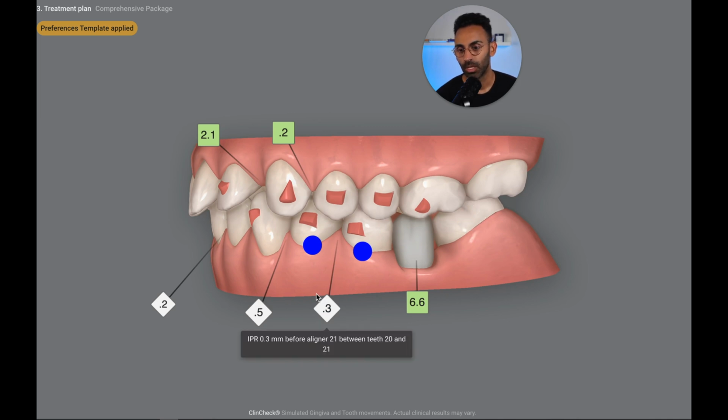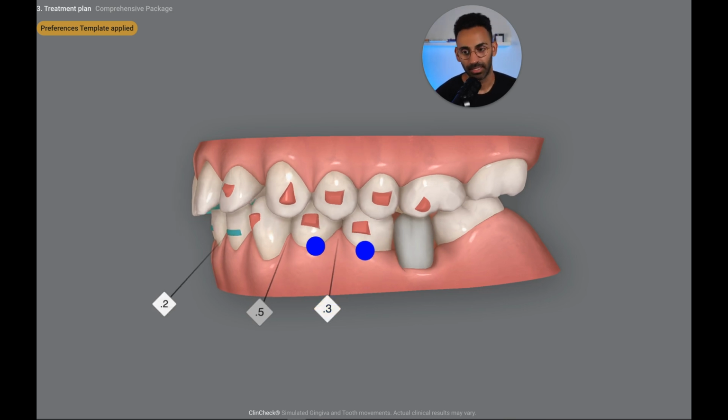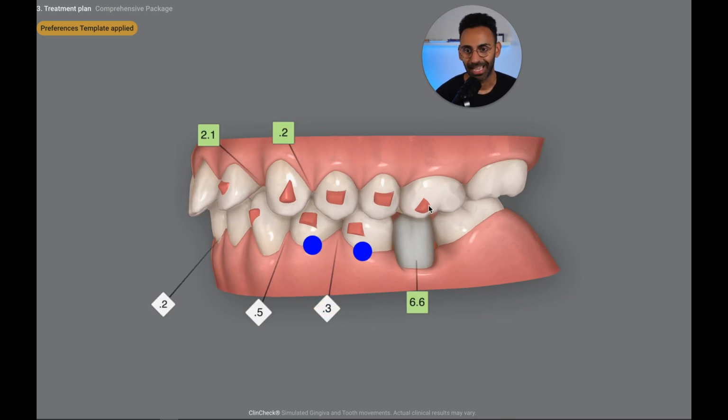This attachment just prevents that from happening. If that does happen, you will get a posterior open bite and you will not be able to fix it. That is absolutely one of the hardest things to correct. You can ask anybody. So this is a good attachment to have to prevent that from happening.